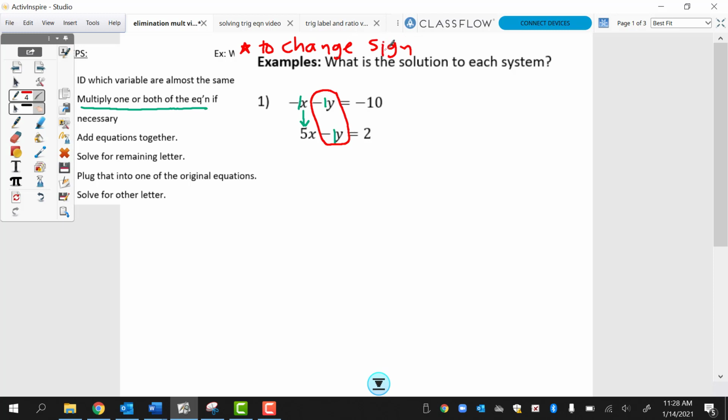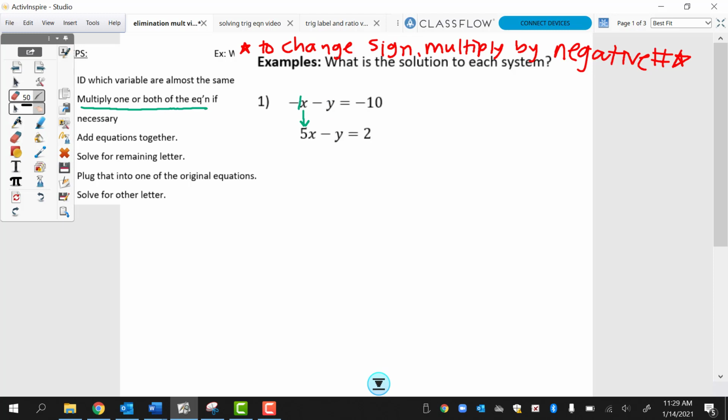If all I need to do is change the sign, then you're going to multiply by a negative number. Now in this case, since I don't want to change the number, I'm going to be multiplying by a 1, and not just a 1, because I do want to change the sign, so I'm going to multiply by negative 1. So let me erase that red thing.